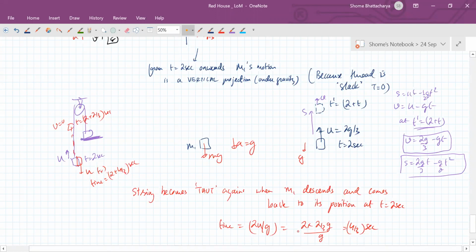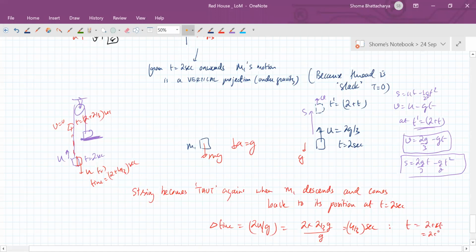So the value of t will be 2 seconds plus 4 by 3. This is the interval of time. You can say this is the delta time in going up and coming down. So as per your stopwatch, the time will be 2 seconds plus that interval of time. Okay, so the reading of time on your stopwatch will be 2 plus that delta t.